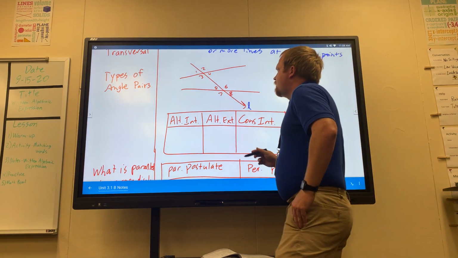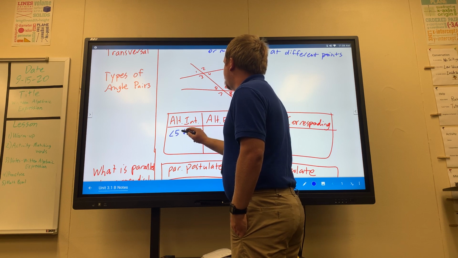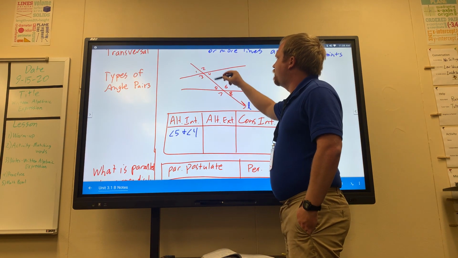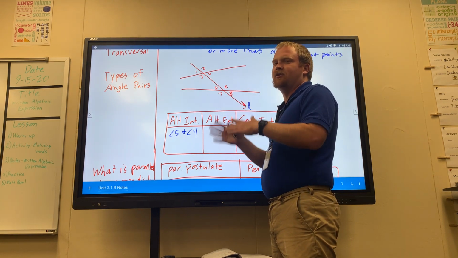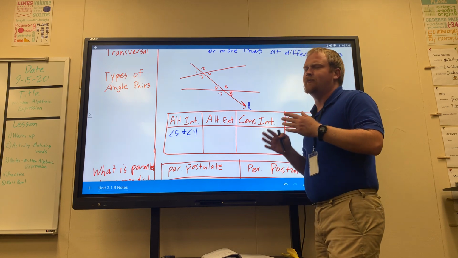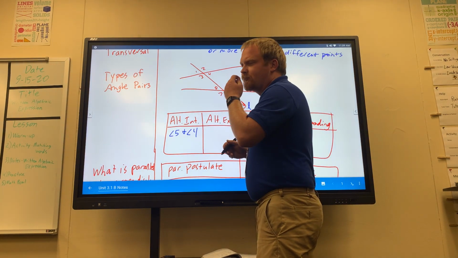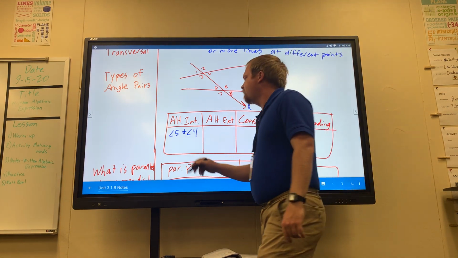However, the pair for angle 5 would be angle 4, because not only are they both inside, but they alternate. They're on opposite sides of the transversal. That's the big key for alternate. Alternate means they're opposite from each side of the transversal. However, that's not the only pair though.